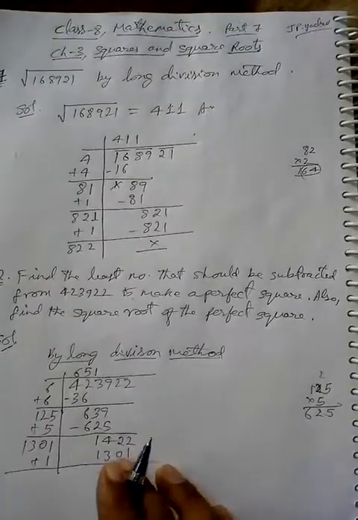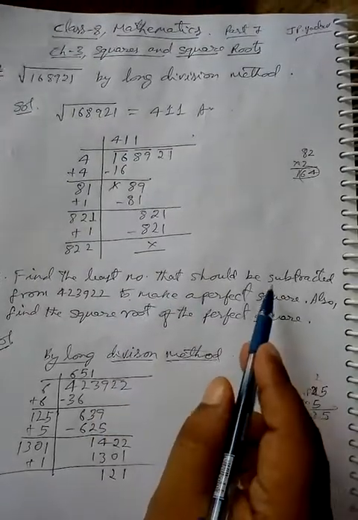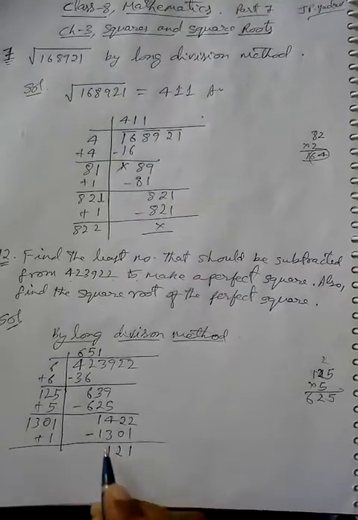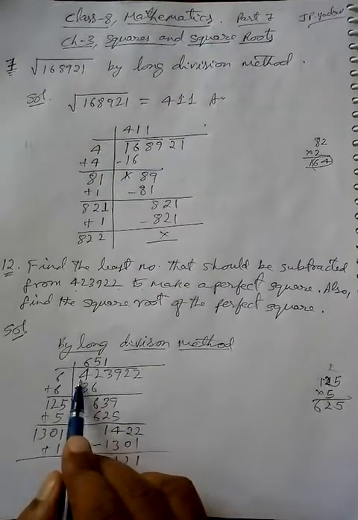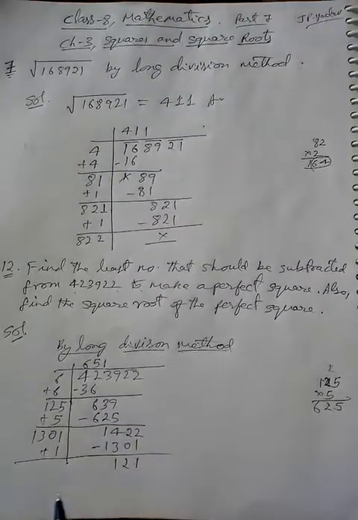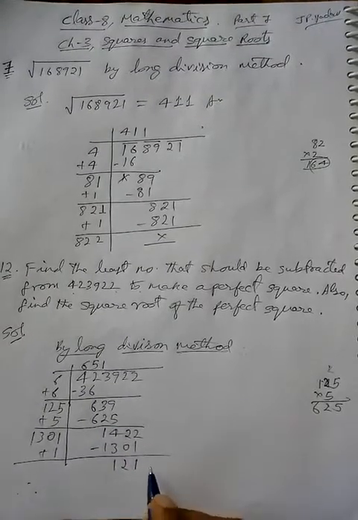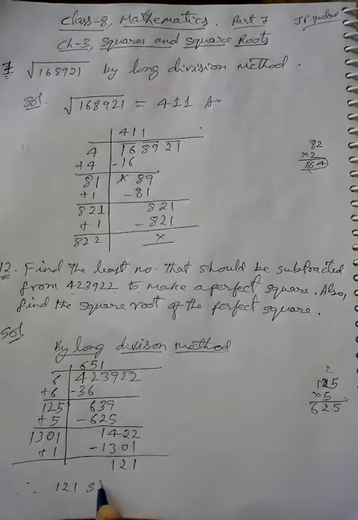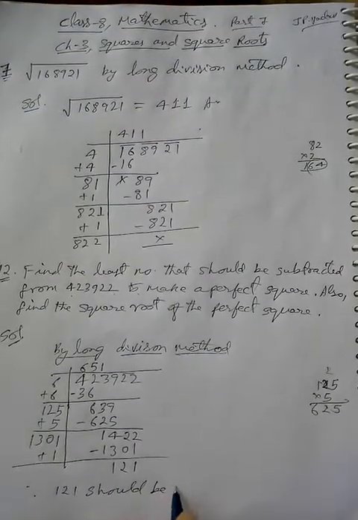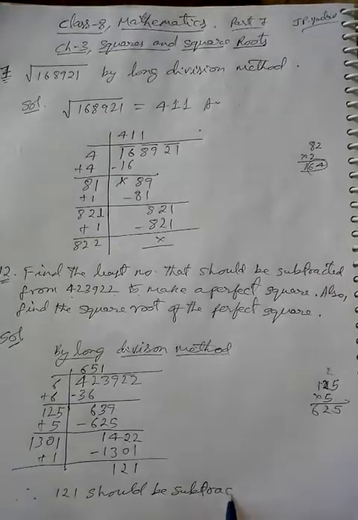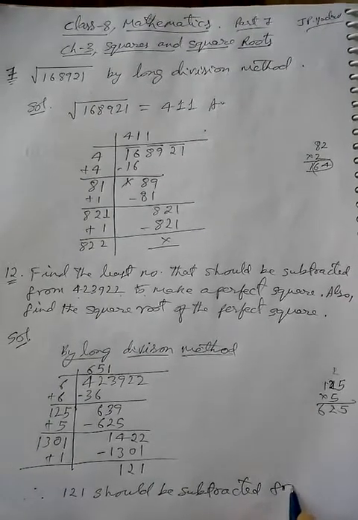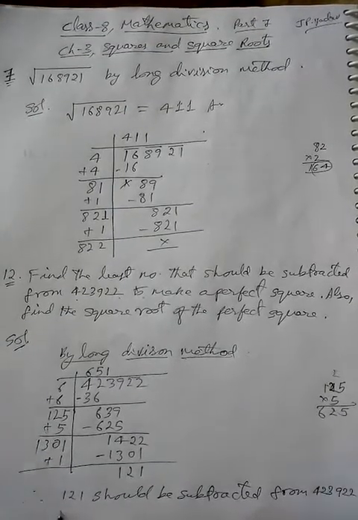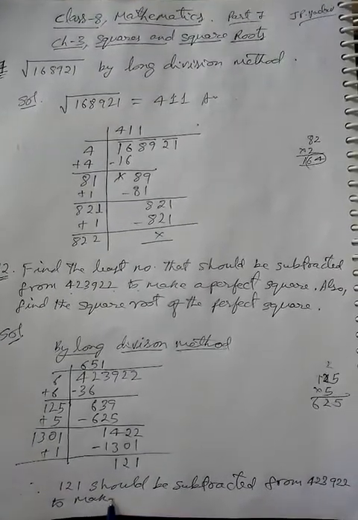This is the remainder. So we know that the remainder should be subtracted from this to make it a perfect square. If we subtract this remainder from the dividend, we get the perfect square. Therefore, 121 should be subtracted from 423922 to make a perfect square.